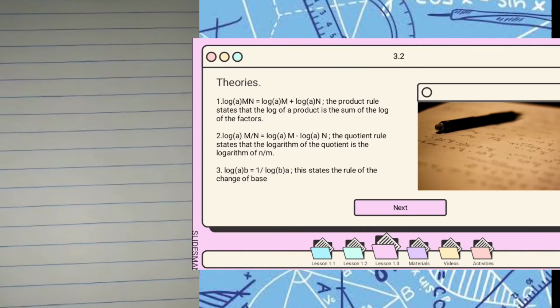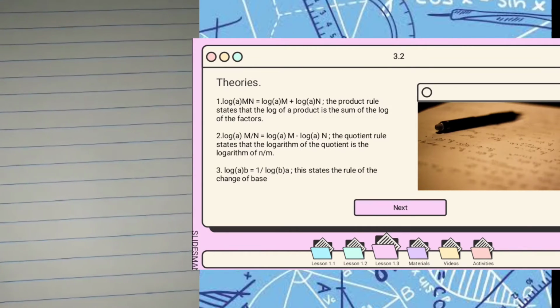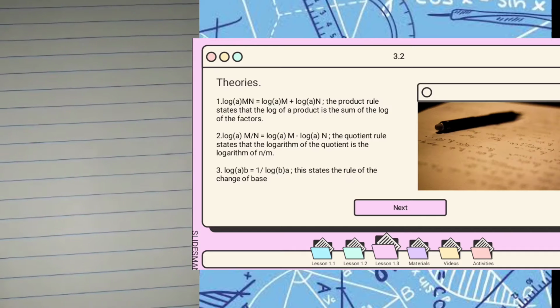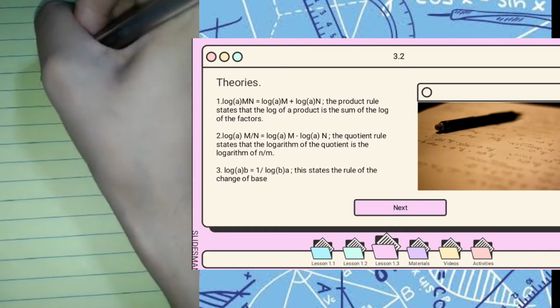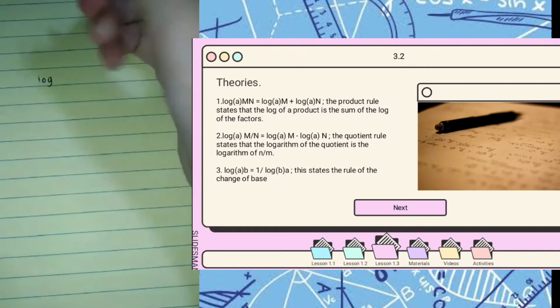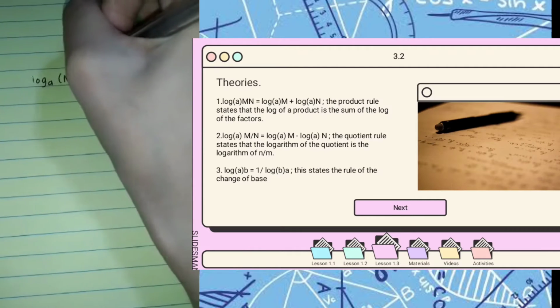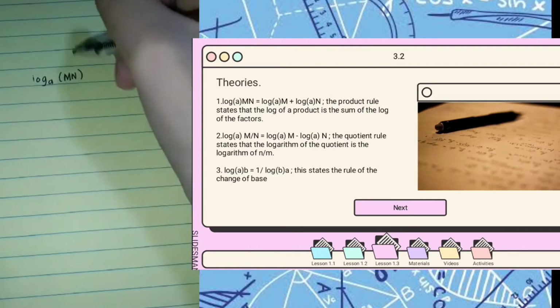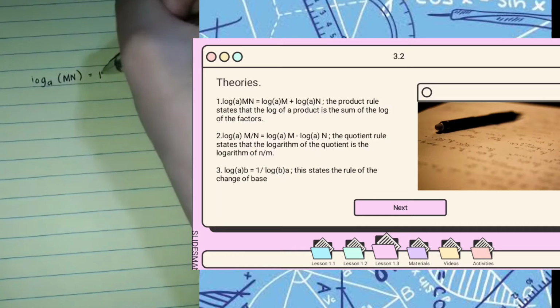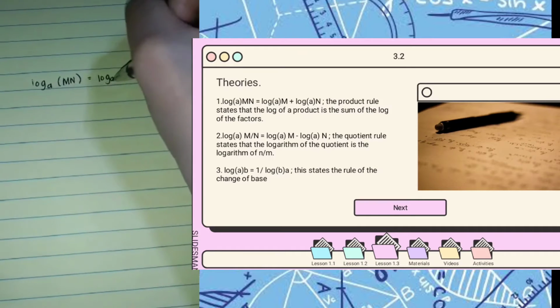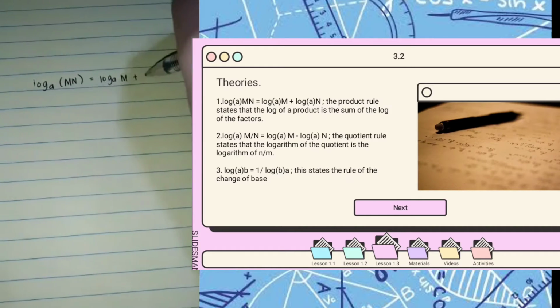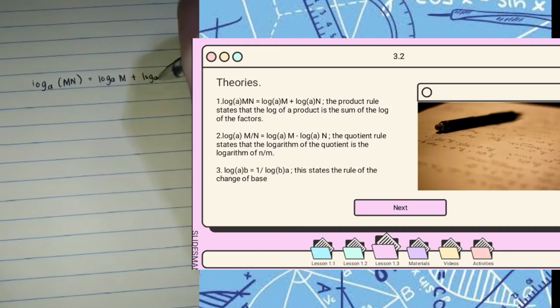Logarithm has three theorems. First theorem is the logarithmic addition identity. Log base a of the quantity mn is equals to log base a of m plus log base a of n.